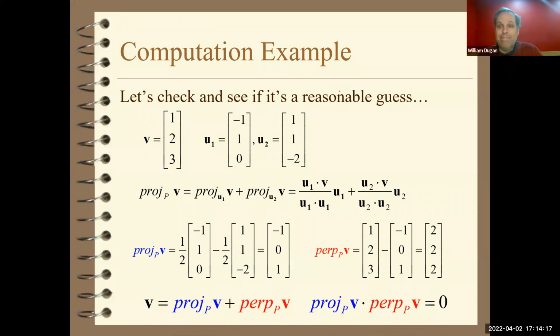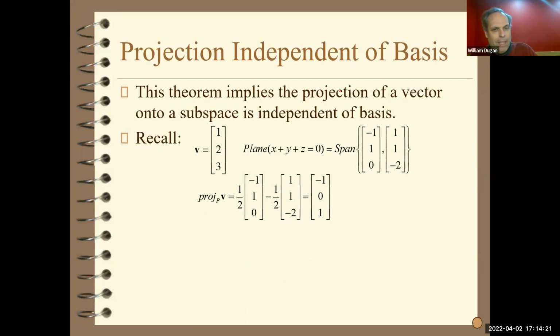So that looks good. There's a concern you might have, though. The theorem that I'm about to give you also implies that the projection is independent of basis, which means it doesn't matter how you represent the plane. Any orthogonal basis will work just fine. You'll always get the same projection because there is only one projection.